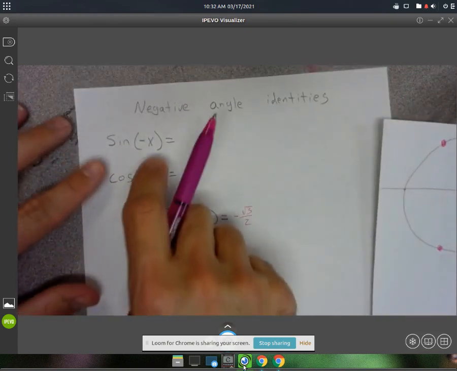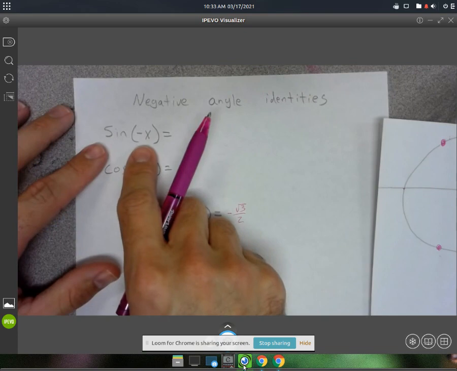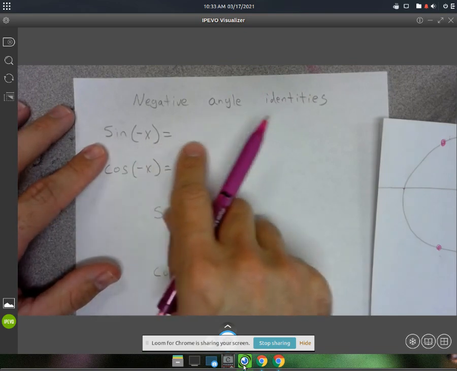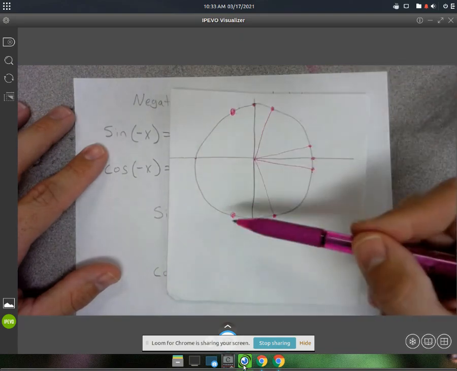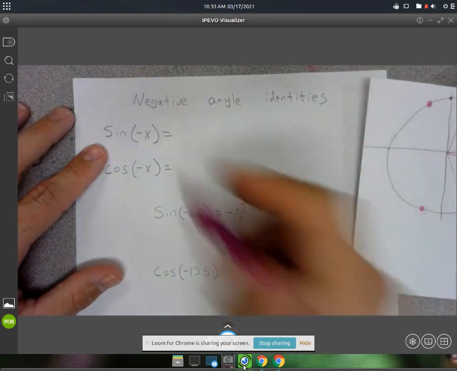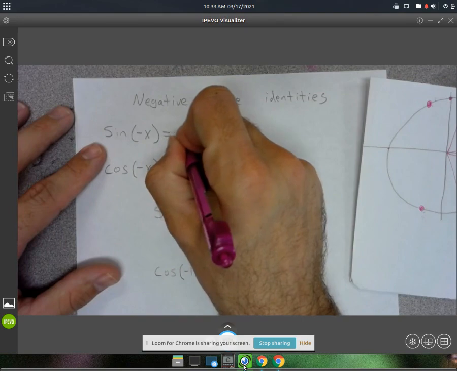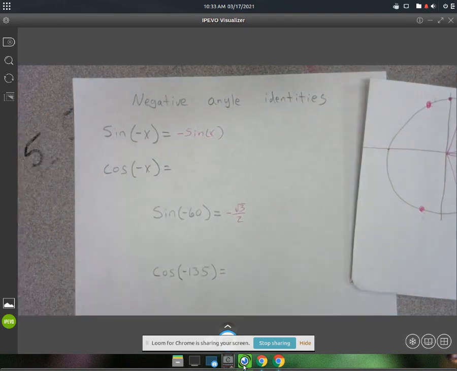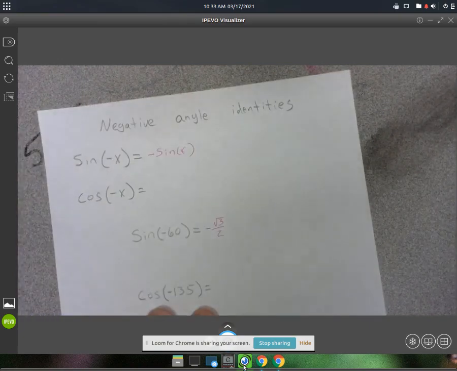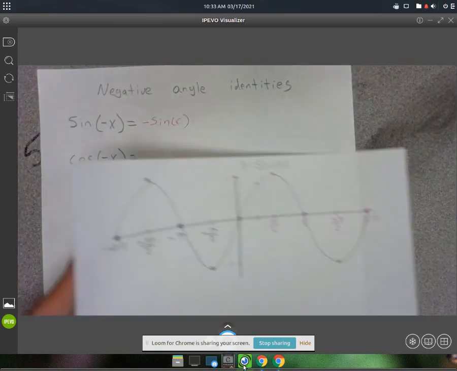And that's actually the identity for sine of negative x. It's the same as sine of x, but you just have to add a negative to it. So sine of negative x is negative sine of x.